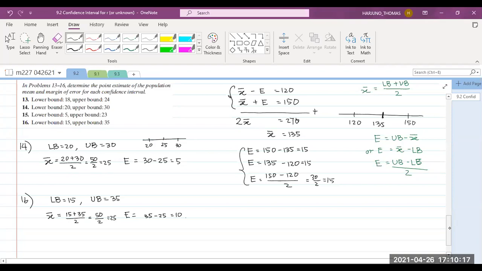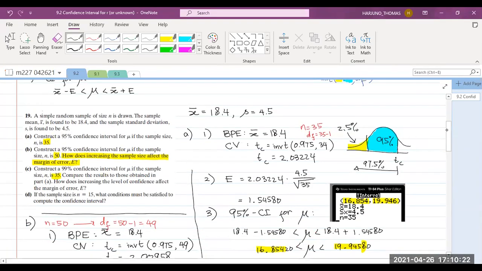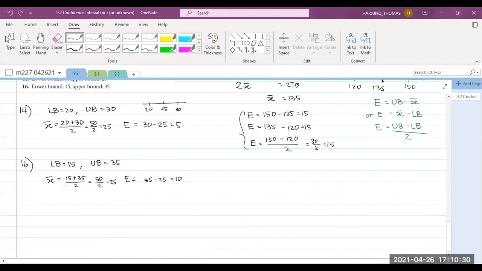Okay, now let's go back to constructing confidence intervals. But this time, instead of them telling us the sample mean and sample standard deviation, they give us the actual data. Let's say, for example, we take a look at number 31.